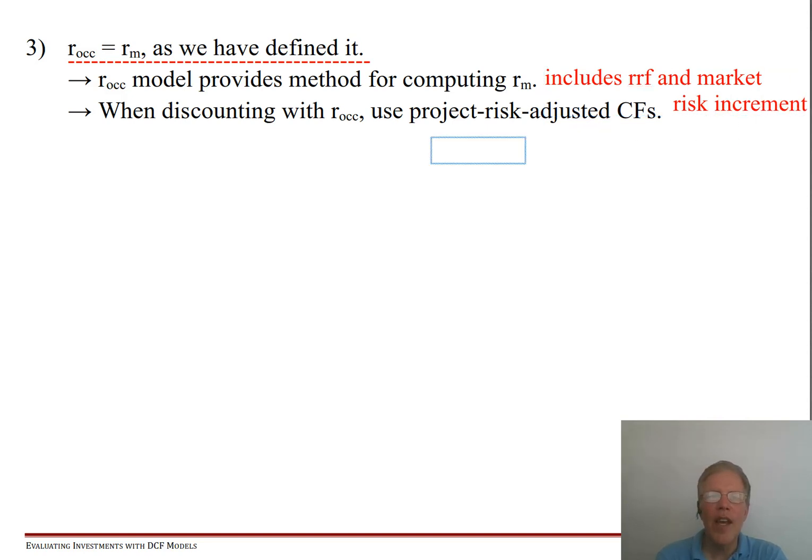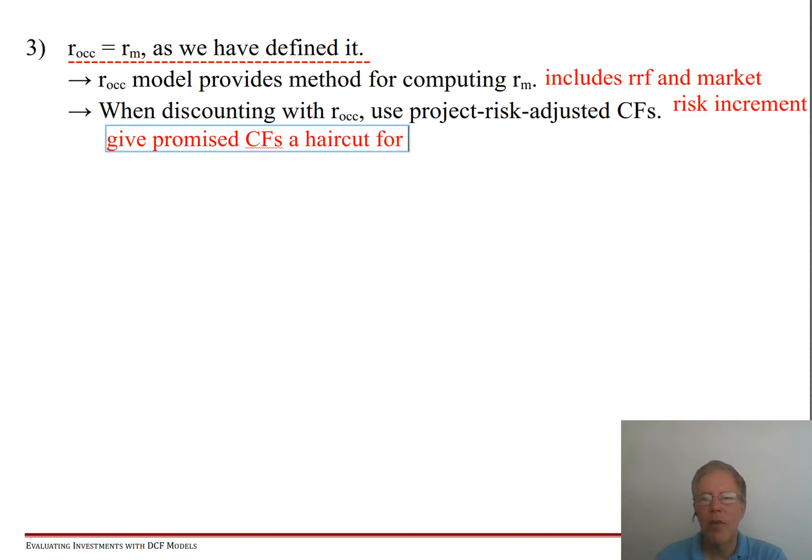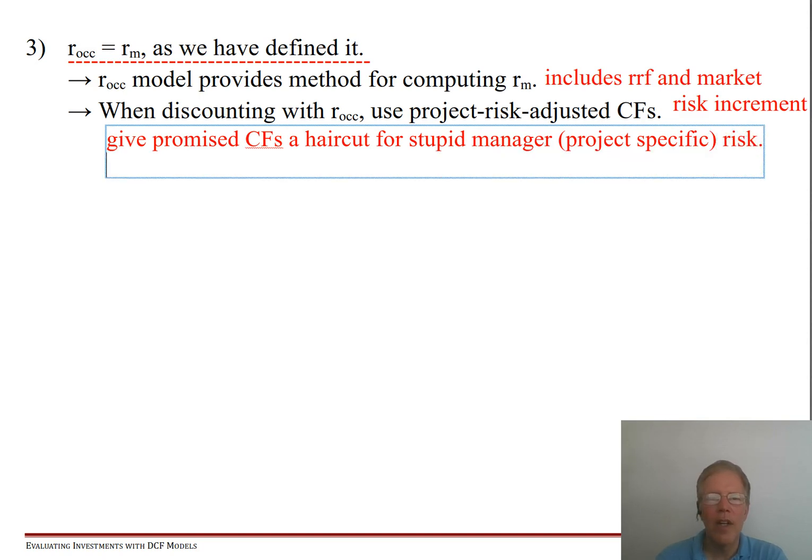Okay, so what does that mean when we discount with the opportunity cost of capital? We use project risk adjusted cash flows. Okay, so we're going to give promised cash flows a haircut for stupid manager, or what really is project specific risk.